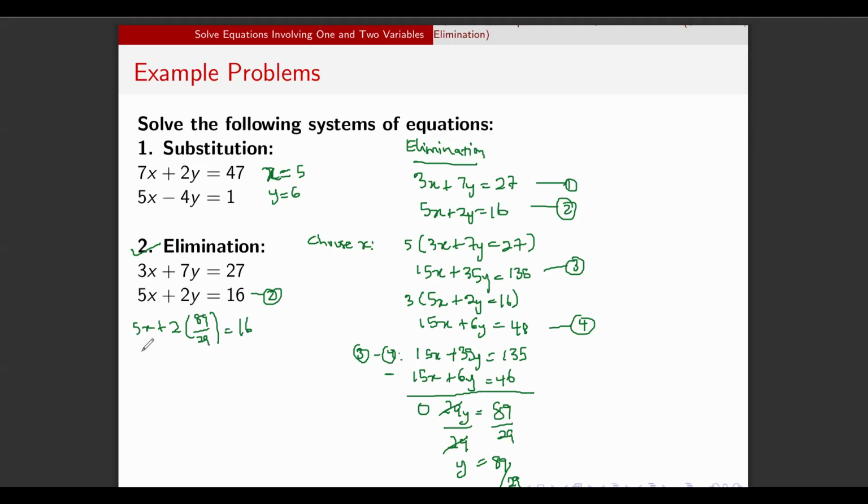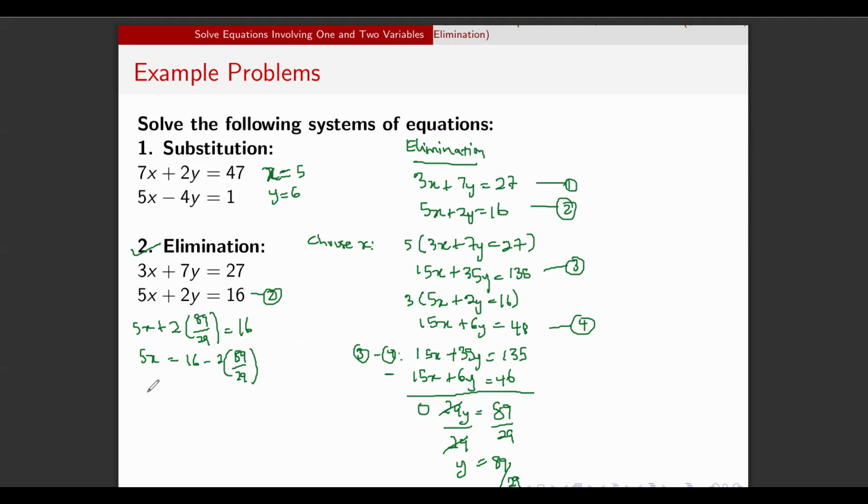So my focus now is to make x the subject. So I have 5x is equal to 16 minus 2 times 89 over 29. I moved this whole term, 2 times 89 over 29, to the other side of the equation. Let me simplify this.